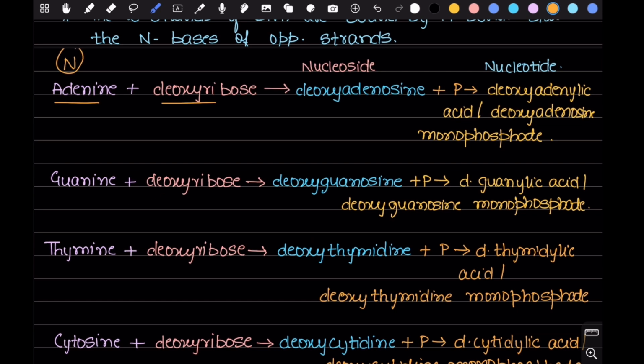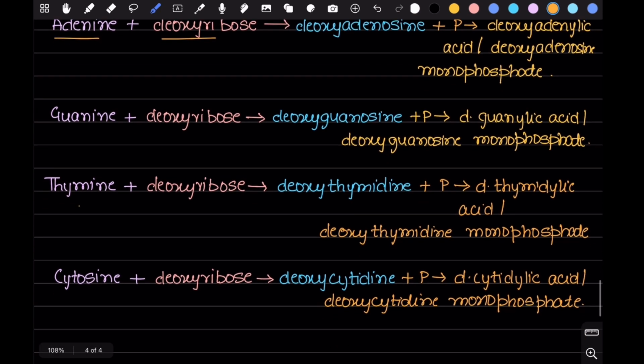If it has guanine as its nitrogen base, the sugar deoxyribose, then the nucleoside it forms is deoxyguanosine, and if we add a phosphate group to it, it is called deoxyguanosine monophosphate. Similarly, if thymine is the nitrogen base, the nucleoside is called deoxythymidine, and if we add a phosphate to this nucleoside, it becomes a nucleotide which is called deoxythymidylic acid or deoxythymidine monophosphate.